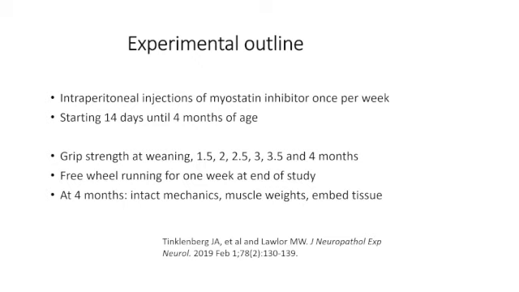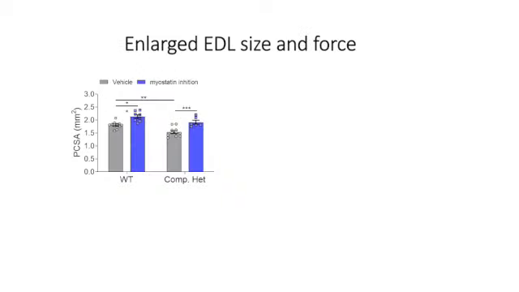So what is the effect in this mild model? We applied this myostatin inhibitor, and as expected, wild-type mice have an increased muscle mass and an increased cross-sectional area.